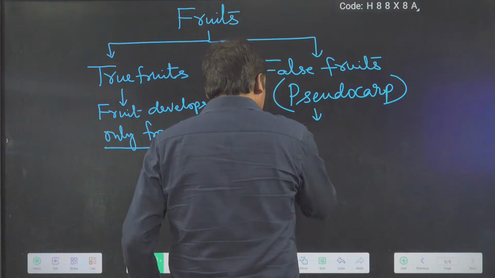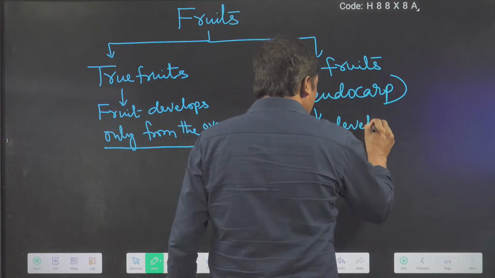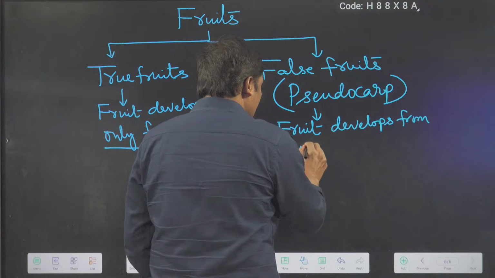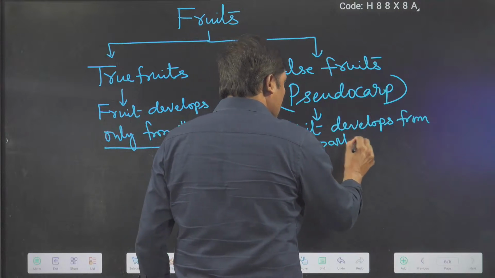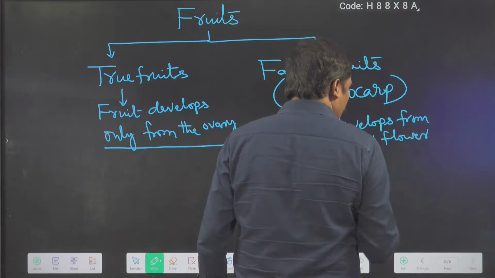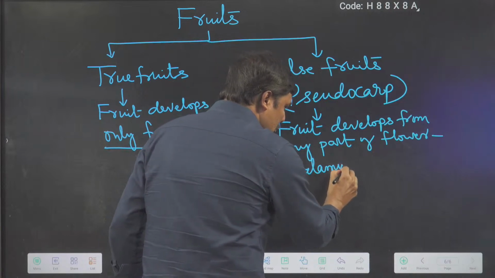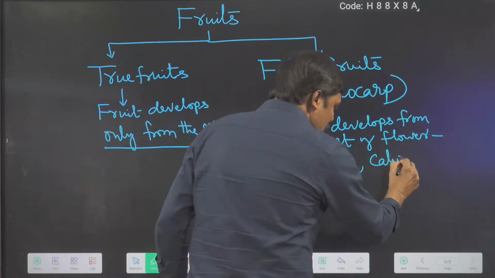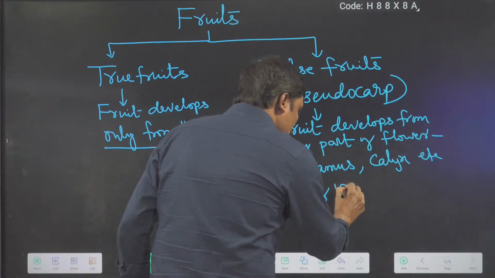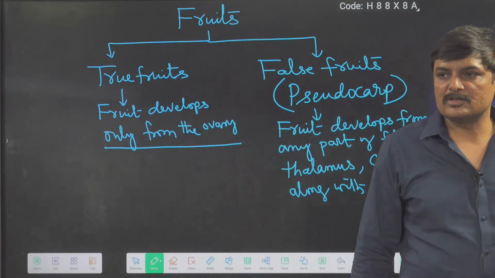A fruit that develops from any part of the flower such as thalamus, calyx, etc., along with ovary is known as false fruit.